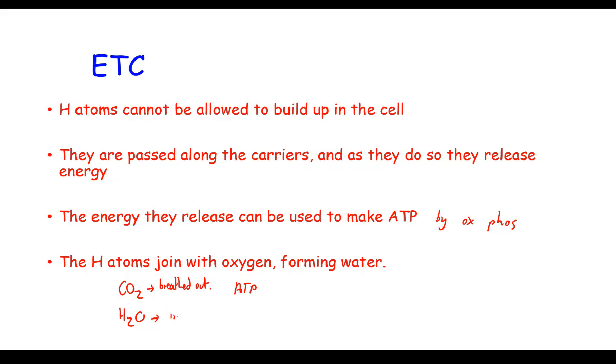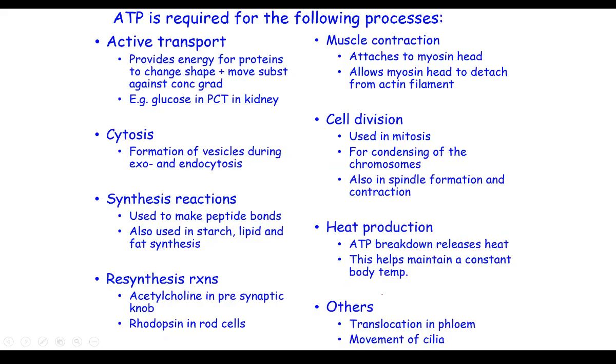The water can either be breathed out, or it can leave the body in urine or sweat. The ATP can then be used for cellular processes like the ones that we talked about in the first video, which was all of these processes.